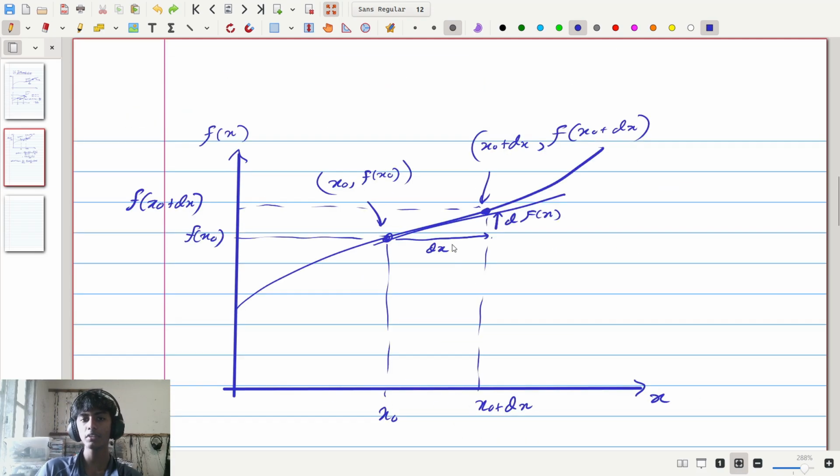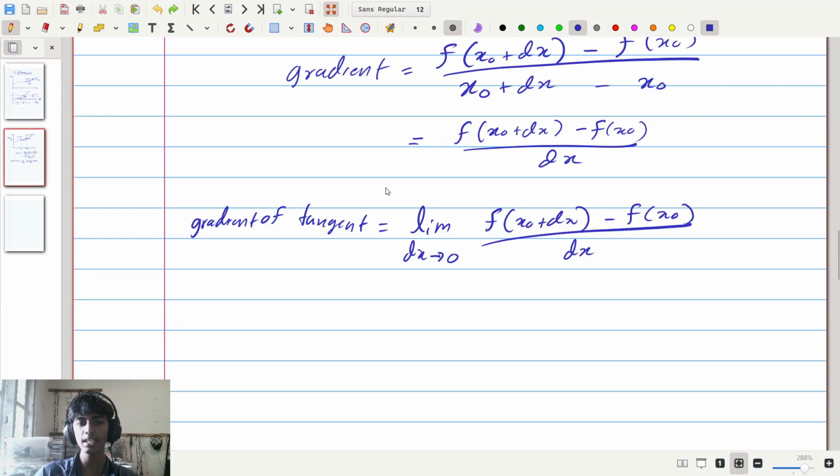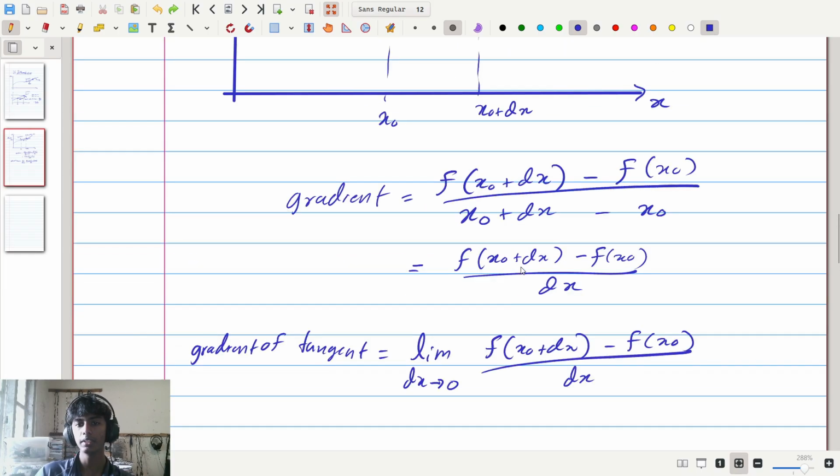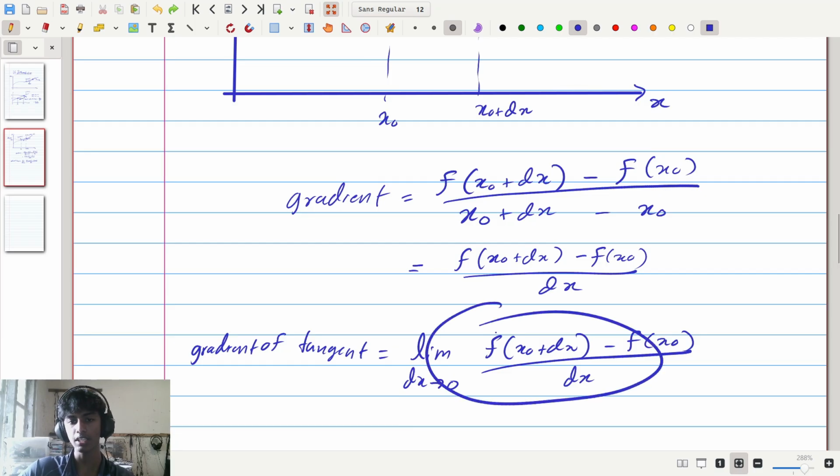The gradient of the tangent at the point x0, f of x0 is the limit as dx approaches 0 of f of x0 plus dx minus f of x0 divided by dx. This right here is what we call the first principles definition of the gradient, or the first principles definition of the derivative. The derivative of a function at a particular point x0 is going to be this right here.